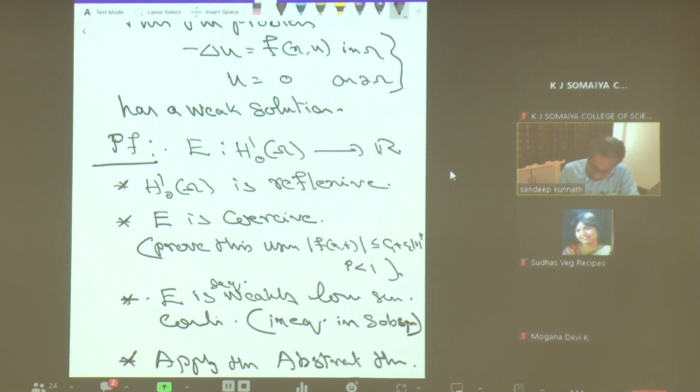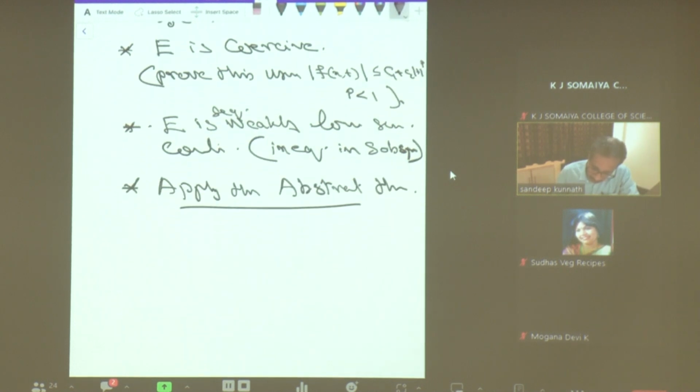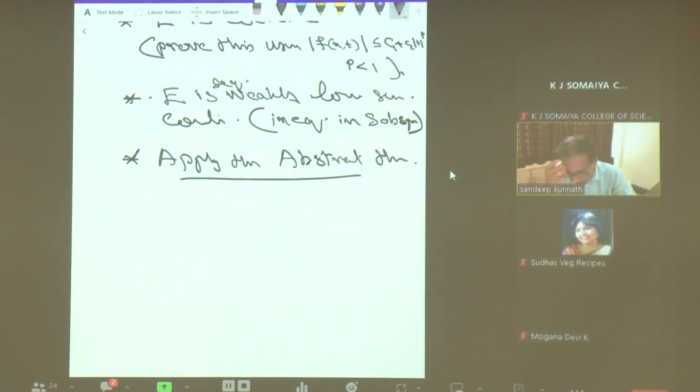So in the remaining few minutes, I will just try to conclude. You see, there are many examples where you may not be able to prove the existence of a minimum. So what are the other kinds of critical points you can think about?